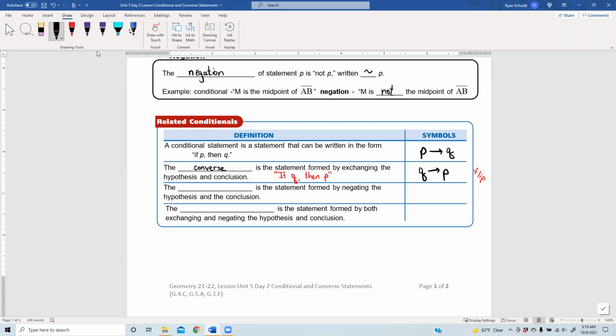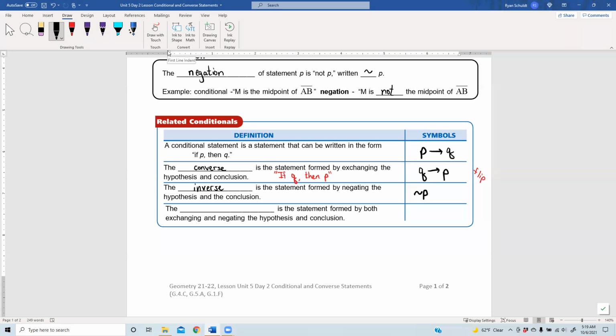The inverse is the statement formed by negating the hypothesis and the conclusion. So you keep them in the original order, but then you say no to it.